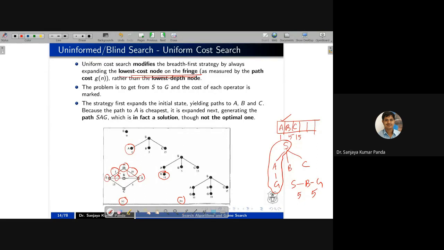The previous one is 11, but in this case it is 10. But why did you select SAG? Because you saw that the least cost from S to any neighbor node is A, that is 1. Although it is not the optimal one. The second one provides the optimal solution in comparison to all 3.